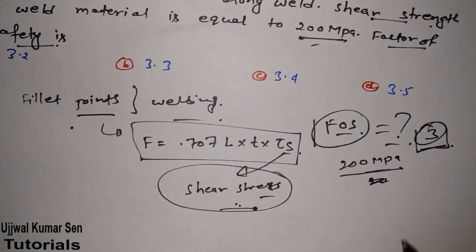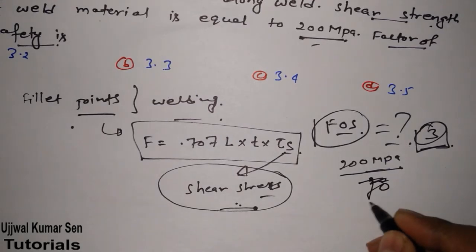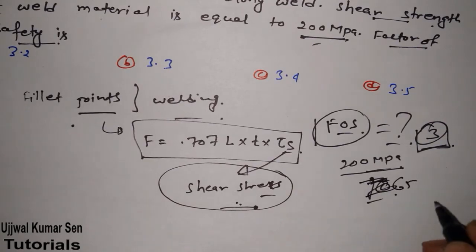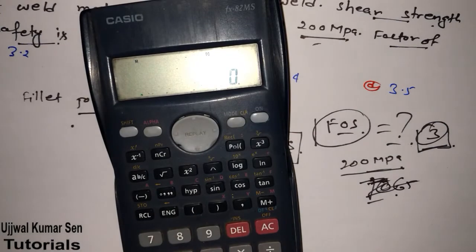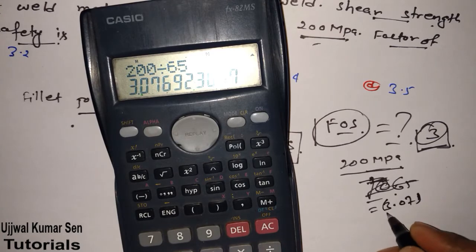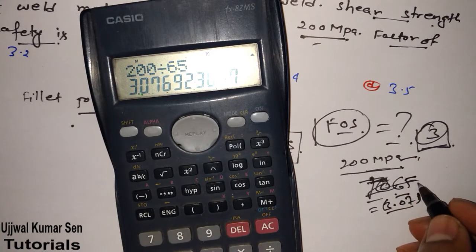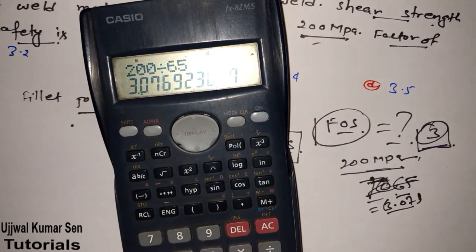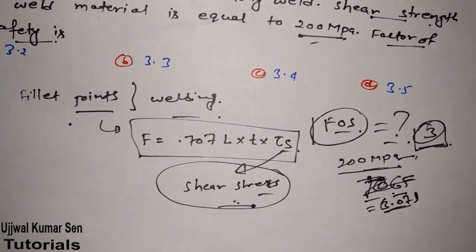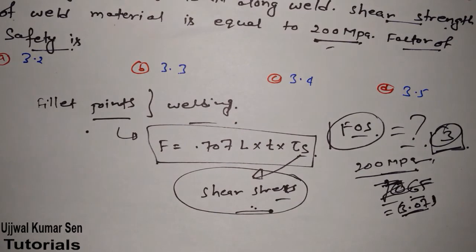So we divide 200 by 65, and we get 3.07. There is no unit, because the unit in the numerator and denominator is the same. So 3.07 is the factor of safety. I hope you understand now what factor of safety is.